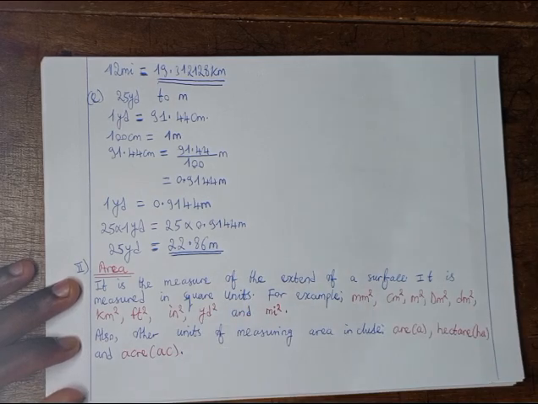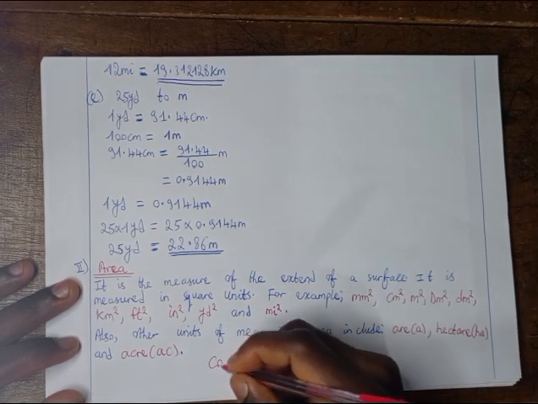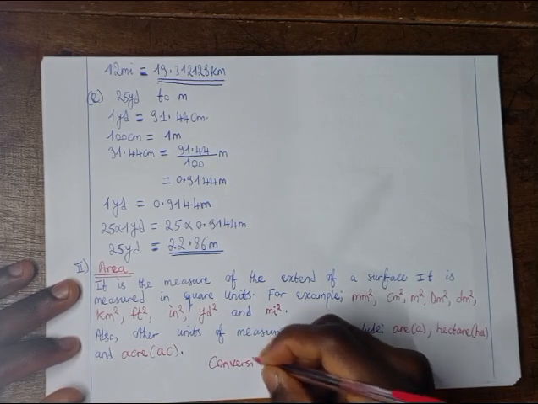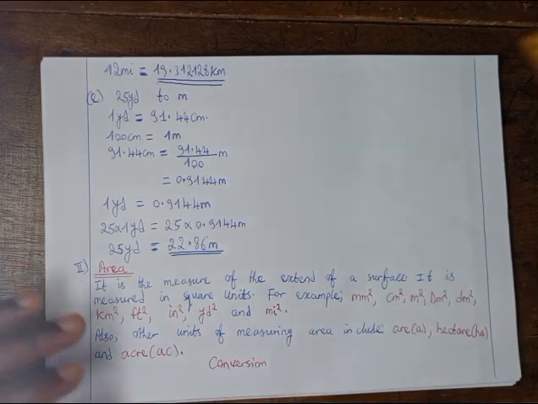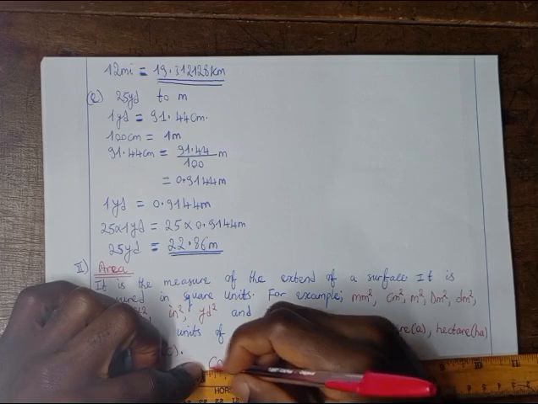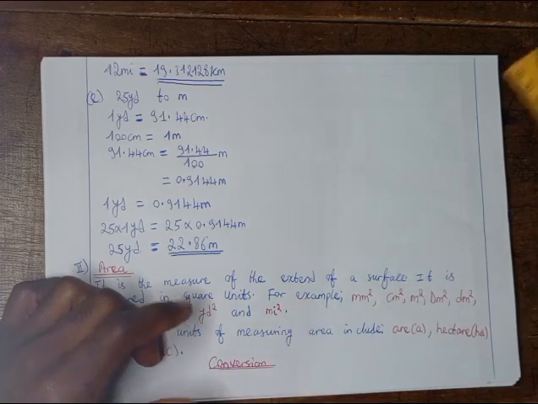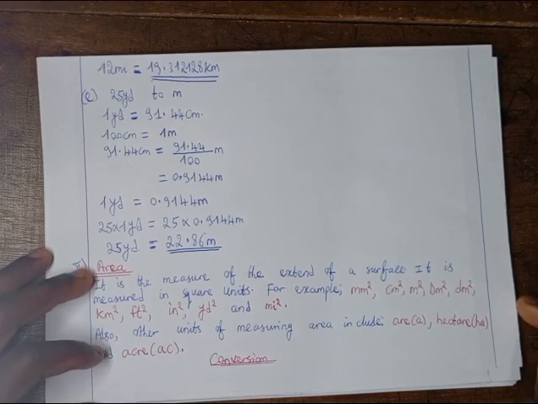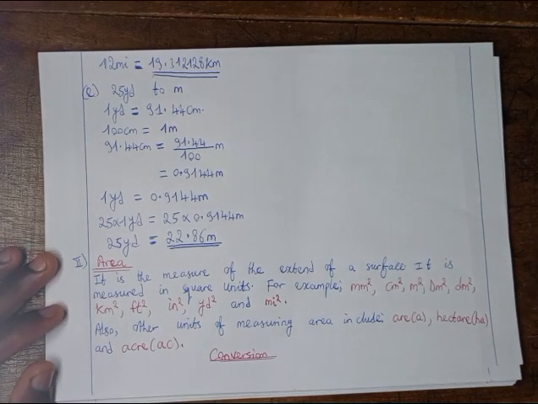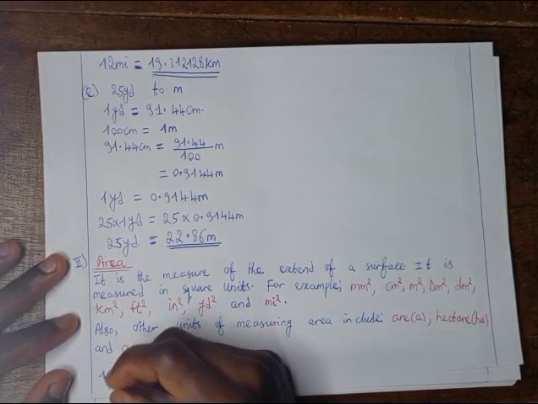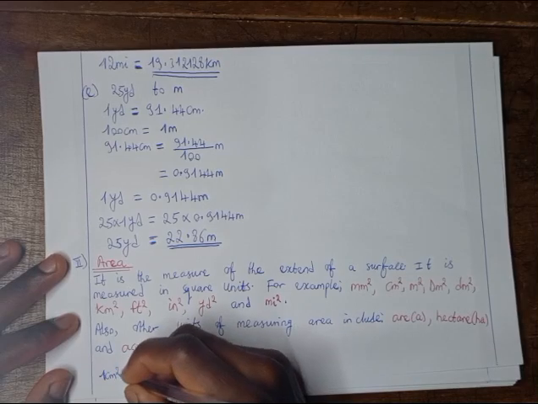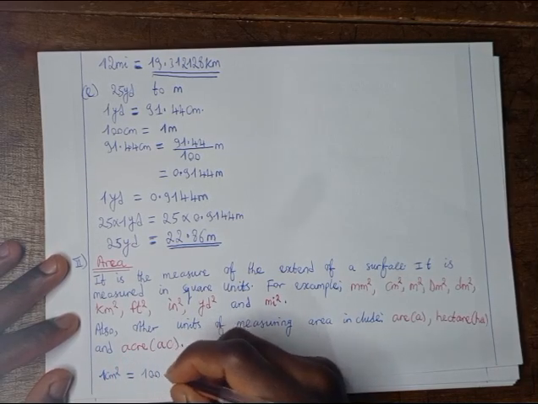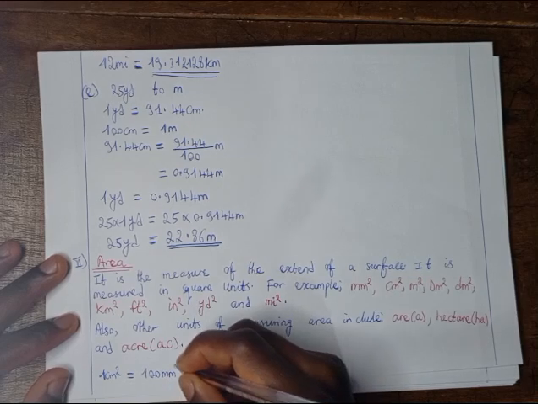Next, now let's take this subheading, conversion, how we can change from one unit to the other. First, 1 centimeter squared is simply the same as 100 millimeters squared.